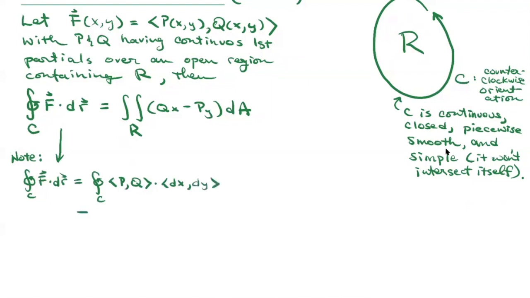And that's the same thing as a line integral here of P with the differential of dx plus Q times the differential of dy. Okay, so there's just different ways of expressing what f dot dr is. These are all the same.